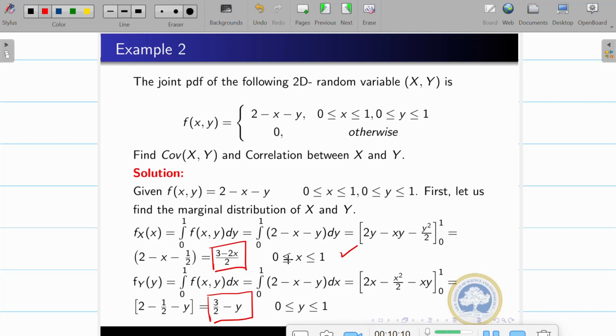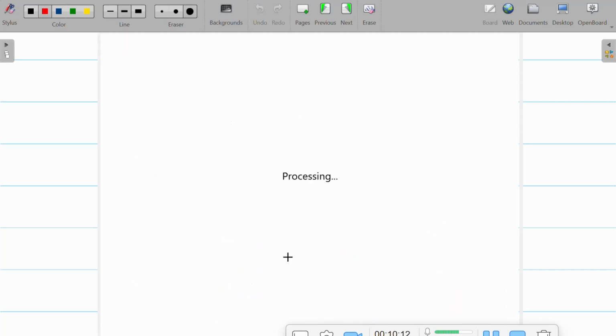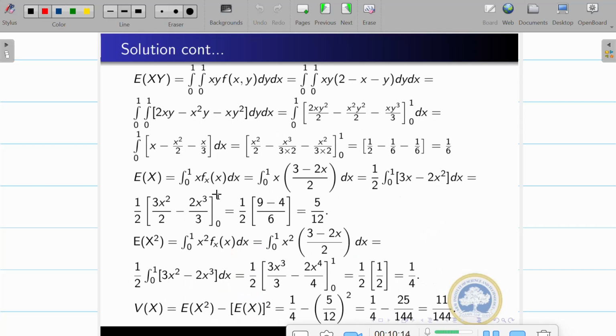So next I have to find the mean for x and y. The mean for x, expectation of x, is the integral from 0 to 1 of x f of x dx. Substitute everything in the formula and simplify it, apply the limit 0 to 1, and you will get 5 by 12. Similarly, we'll find expectation of x square, because we have to find variance also, right?